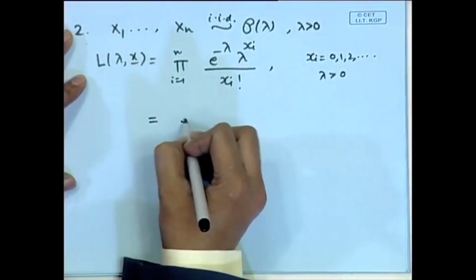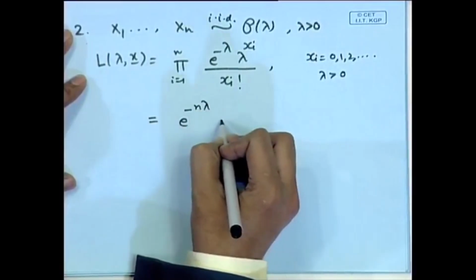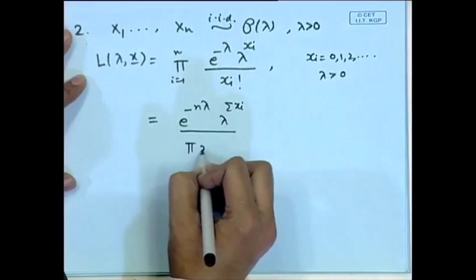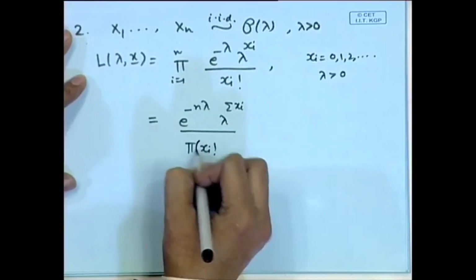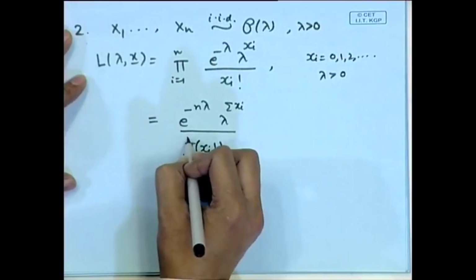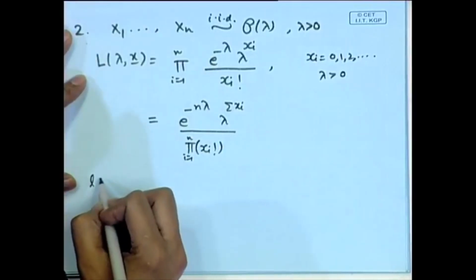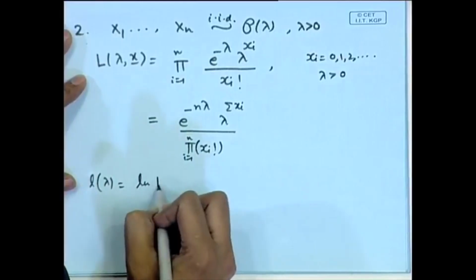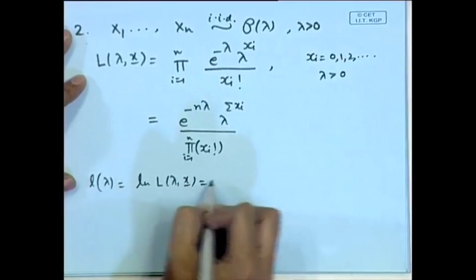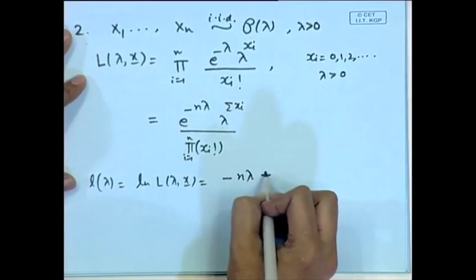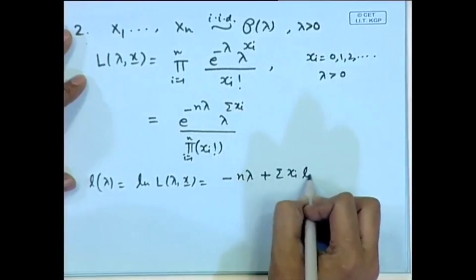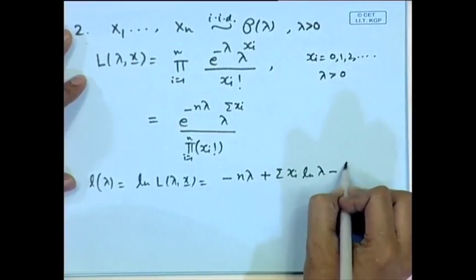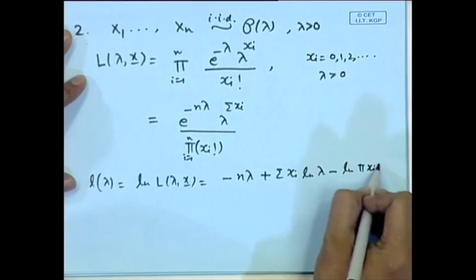So, this is equal to e to the power minus n lambda, lambda to the power sigma xi divided by the product of xi factorial. We can write the log likelihood function as minus n lambda plus sigma xi log lambda minus log of the product of xi factorial.